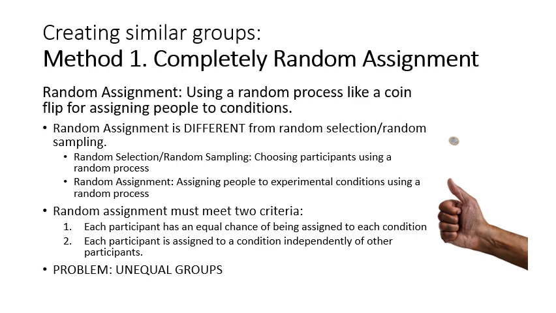The problem with completely random assignment is that you might get unequal groups, and you can picture why. If we have 2 conditions and we flip a coin, heads always goes to condition 1, tails goes to condition B, we know that we're not going to get the same number of heads and tails.